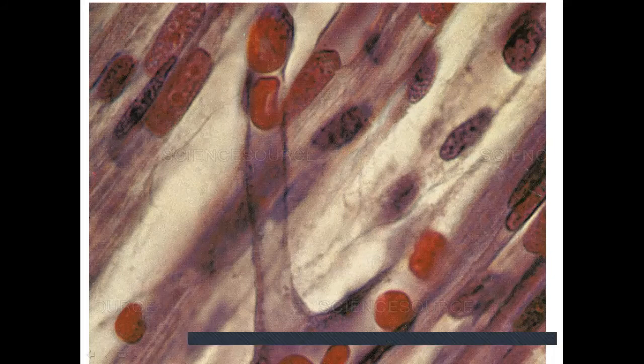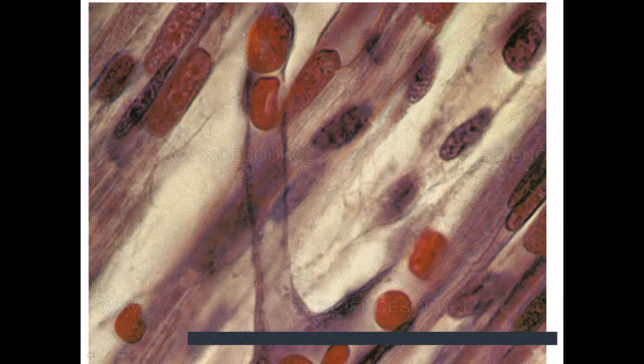So this capillary here looks as though it's just made up of endothelial cells alone. We can see this is probably a nucleus of an endothelial cell down here, and this is cytoplasm of the endothelial cells on each side. There really isn't very much evidence of any kind of a media, no evidence of any adventitia on the outside.